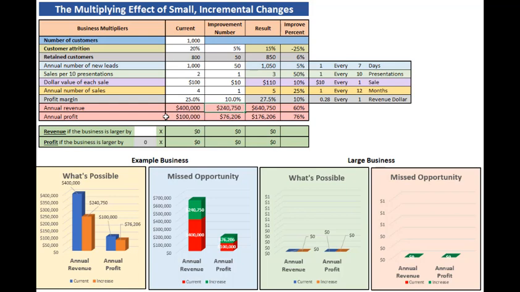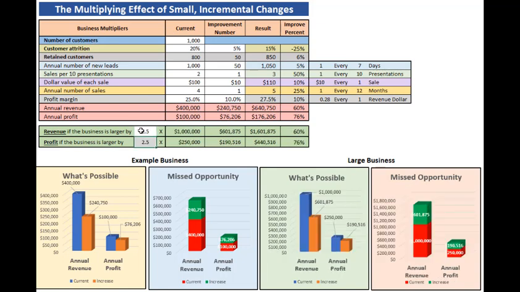Well, let's see what would happen if this business was larger, say a $1 million business. Well, we're at $400,000 now, so we need to increase our base model by 2.5. That shows us that the annual revenue of our business is now $1 million, and with the improvements we've made, the new revenue would be $1,601,875, a 60% increase of $601,875.